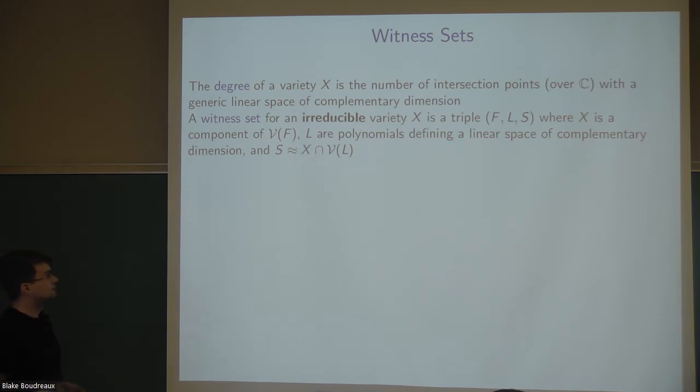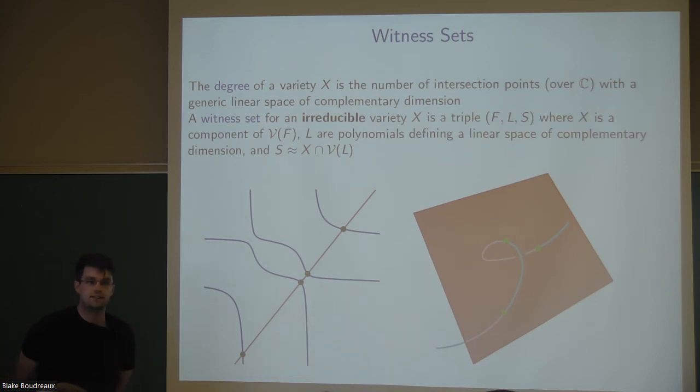So a witness set represents an irreducible variety by a triple. The first is a polynomial system f, for which your variety is a component of the 0 set of f. The second is a linear space of complementary dimension. And the third part of this triple is a collection of approximations of points of intersection between x and this linear space.